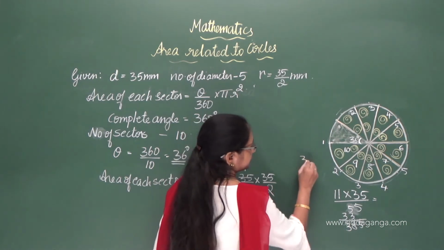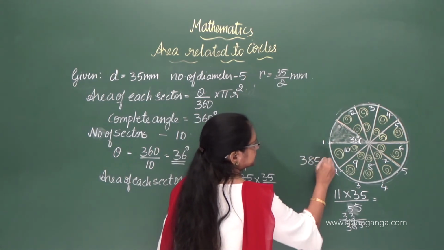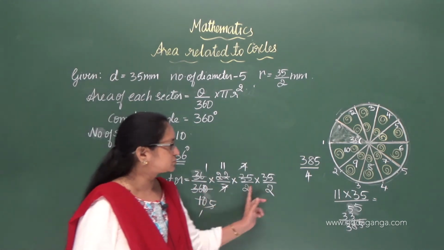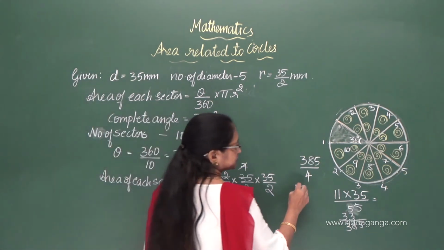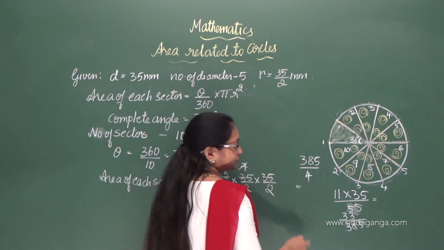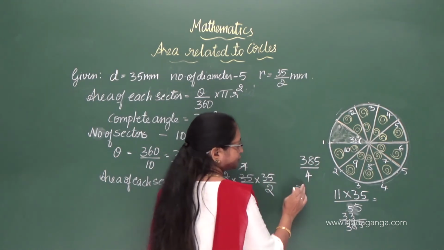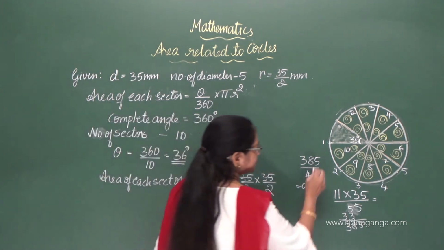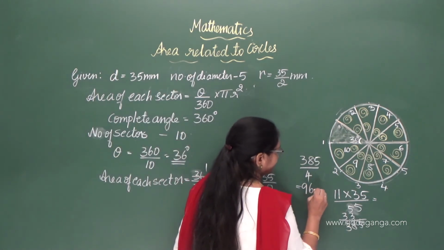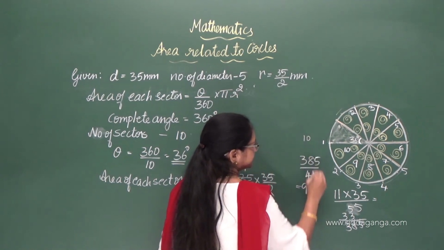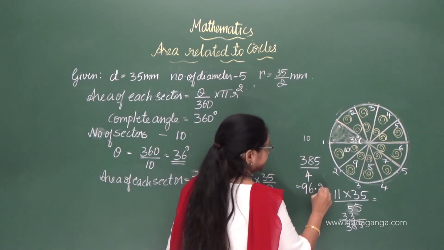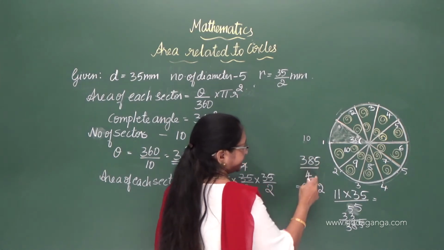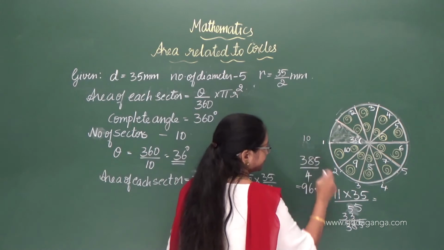So 385 divided by 4. 4 9s are 36, remainder 1, 4 2s are 8, remainder 2, 4 5s are 20.